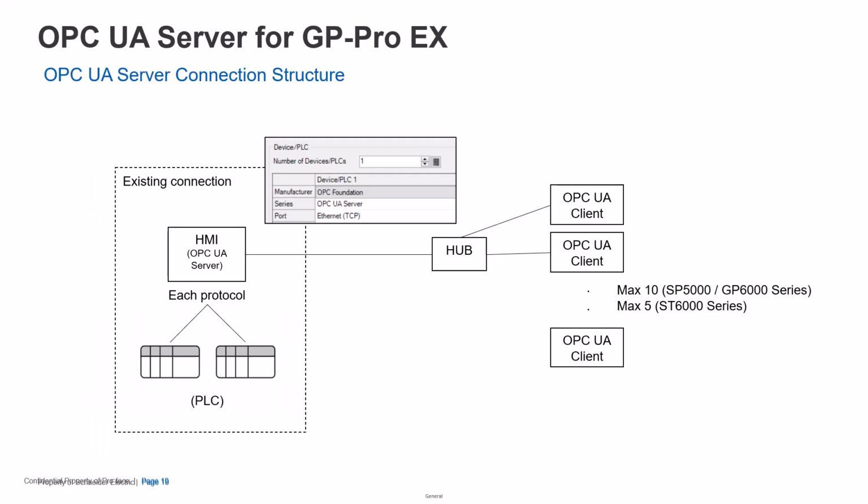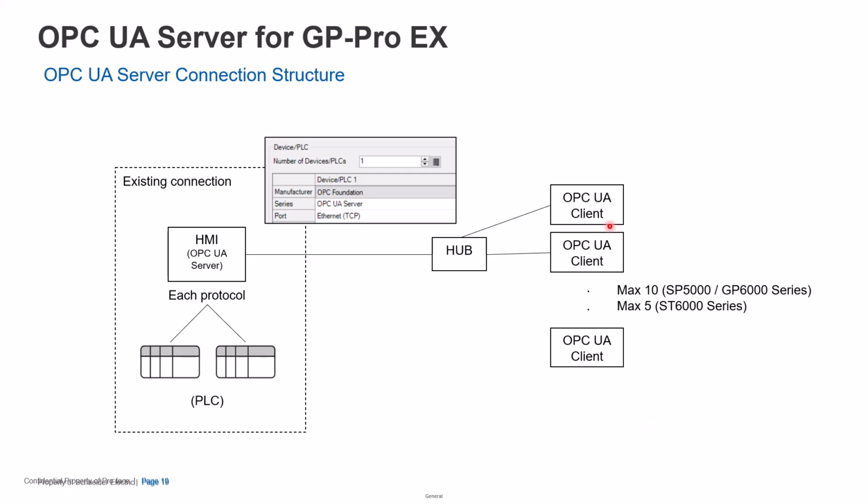Okay, so what does it look like? What you'll notice here is that the OPC UA server will actually consume a driver, so make note of that. Depending on your model, some HMI models support 2 drivers and some support 4 drivers, so this could perhaps have an impact. Other than the fact that it's occupying a driver, this is just a little basic diagram of what this would look like.